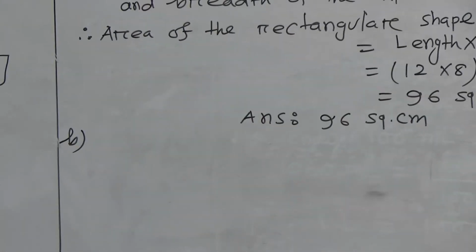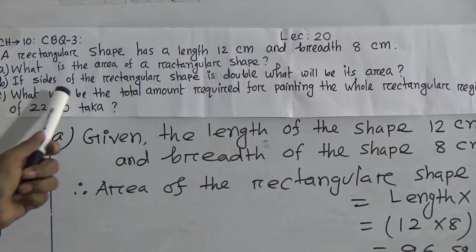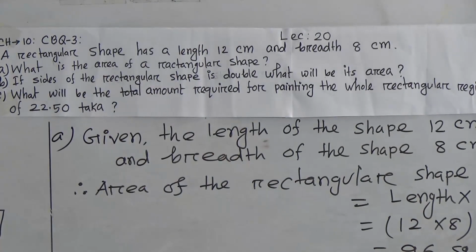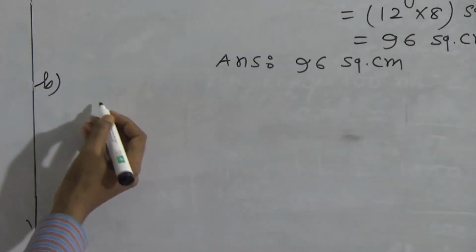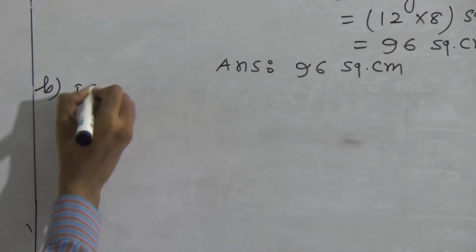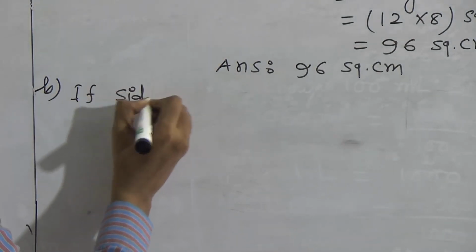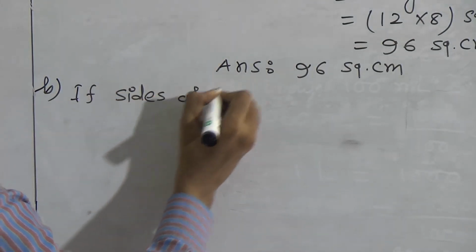You see the B number question. If sides of the rectangular shape is double, then what will be its area?